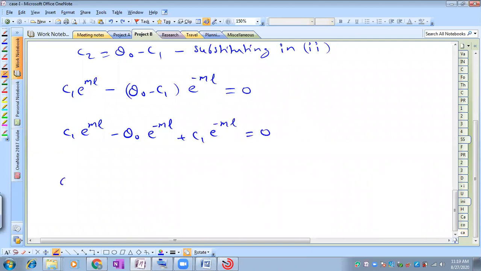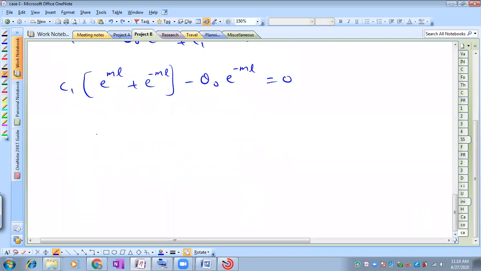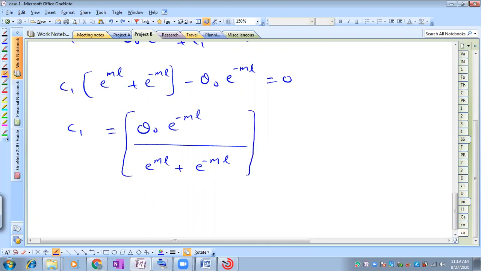C1 is common, so the left part is e raised to mL plus e raised to minus mL, minus theta 0 into e raised to minus mL is equal to 0. If I take this on the right side, I'll get the equation of C1. C1 is equal to theta 0 into e raised to minus mL divided by e raised to mL plus e raised to minus mL. So this is your value of C1.